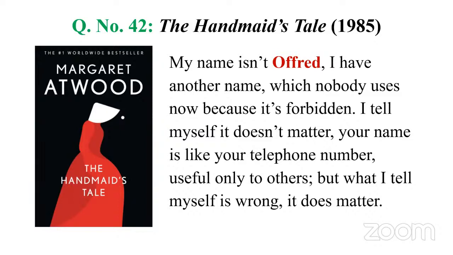And what's that function? They have to get conceived by them and give birth to their children. So this is that kind of a society, and it talks about the position of women in that totalitarian society. So we have this major character Offred, O-F-F-R-E-D, as if she were offered to someone, but that's not her real name. Let's read a few lines from this work.